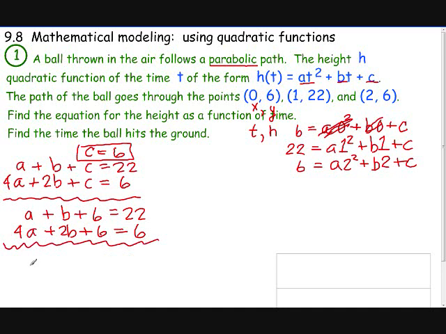We'll have A plus B equals 16. And we'll have 4A plus 2B equals 0.